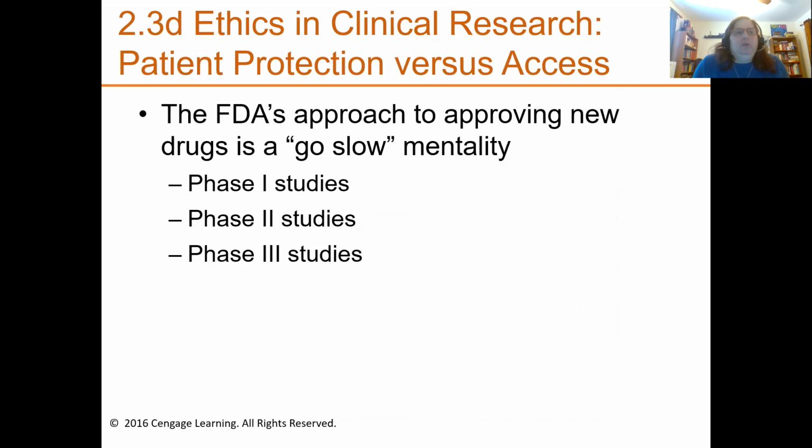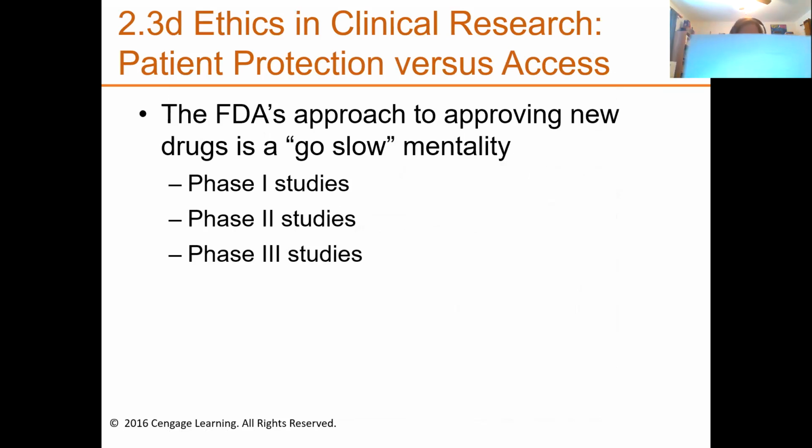So the FDA's approach to approving new drugs is a go slow mentality. I think we had a bit more of a go fast mentality with the COVID vaccine, but typically we do phase 1, phase 2, and phase 3 studies.